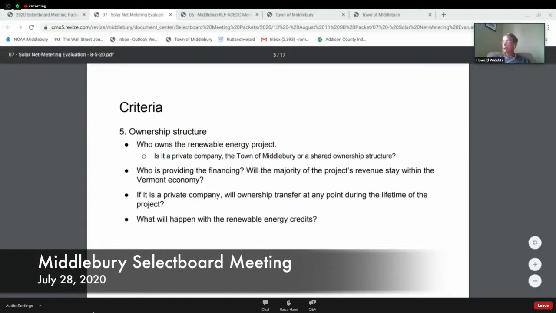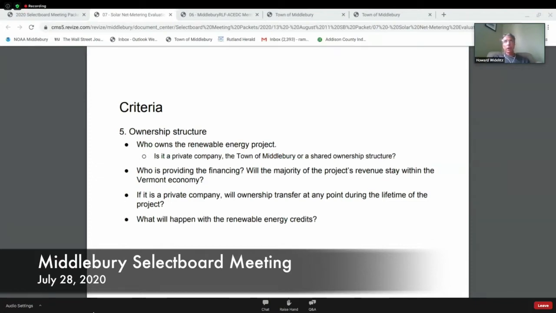And then, what is the town's role in this? Are the owners, and then also things like the renewable energy credits, and obviously that factors in as far as GMP is concerned and who gets the benefit of that.